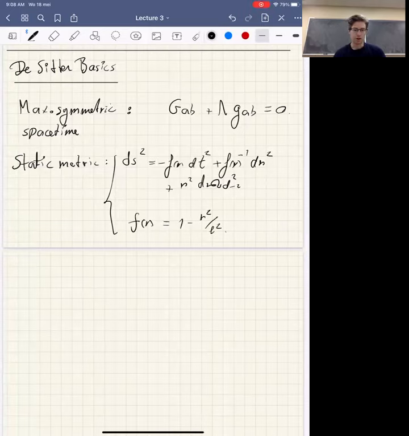This already looks quite similar to the metric of a Schwarzschild black hole. In particular, we notice that the g_tt component of the metric vanishes at r equals L. Similarly to the Schwarzschild metric, this defines a horizon. There's a coordinate singularity at that location, and we typically refer to this as the cosmological horizon.